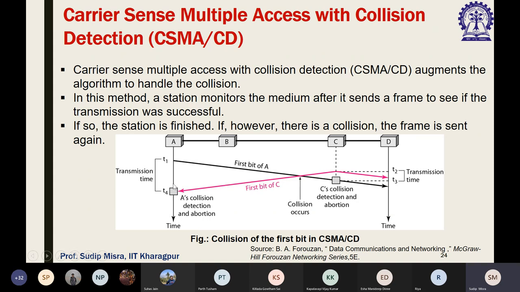So what A is going to do is that it knows the frame that it had sent. It is going to compare that frame with the received frame, the corrupted one, where the signal has altered the bit, and then it is going to do an XOR. If the result of the XOR is 0, that means both the sent and received frames are the same.